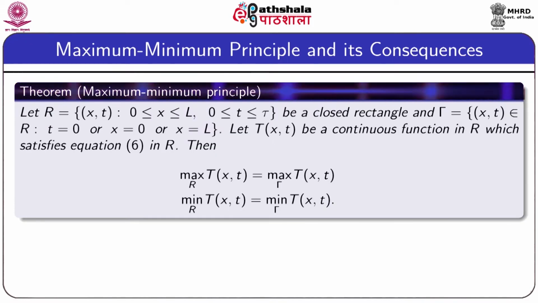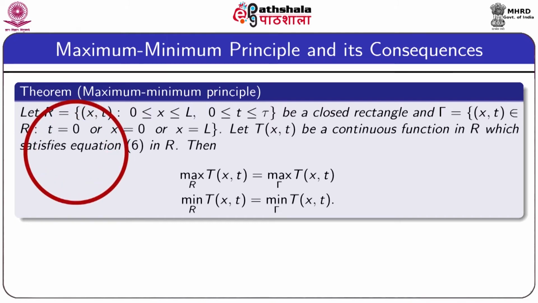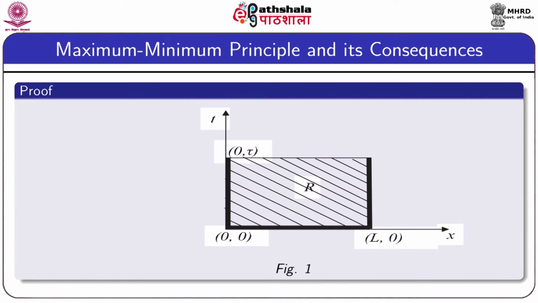Let gamma be the set of points x, t which is a part of the region capital R, such that t equals 0 or x equals 0 or x equals L. If we look at the figure, the dark line indicates the region gamma.